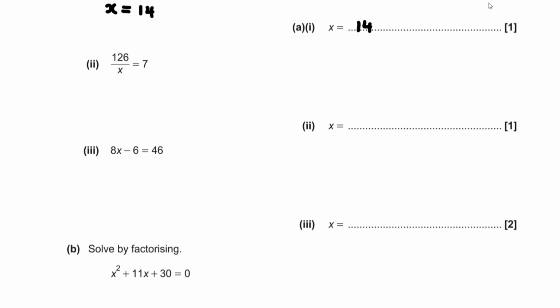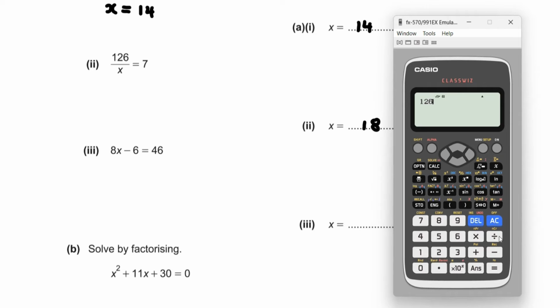Next, 126 divided by x equals 7. Something divided by x equals 7. 126 divided by 18 is 7. And we can confirm this on our calculator. 126 divided by 18 is 7.